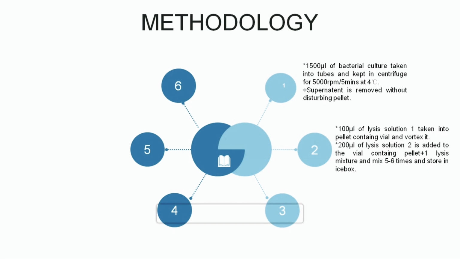And now again it is set to 150 microliters of lysis solution 3, which is taken into the vial in the ice box and mixed 5 times. The vial is then centrifuged at 5000 rpm at 4 degrees centigrade.